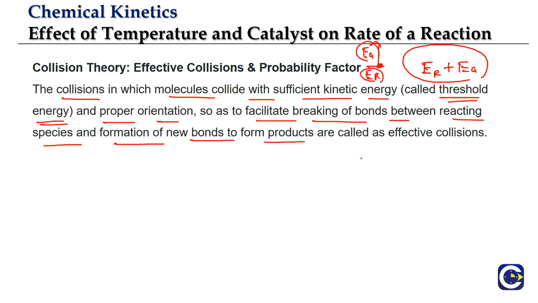Such collisions, where we have a proper orientation, we will be calling effective collisions. So what are effective collisions? Basically the collisions which happen between particles having energy more than the threshold energy, and the orientation is also proper.